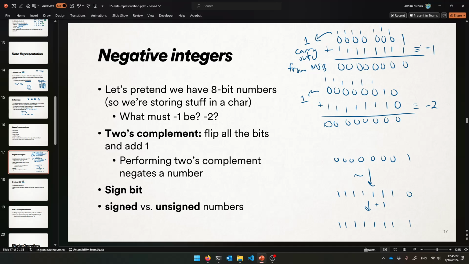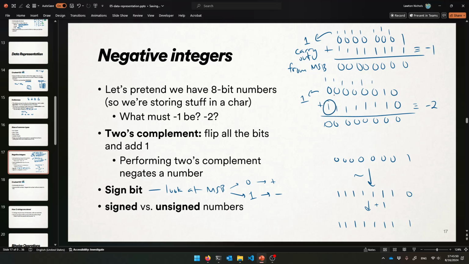We've given up half of our numbers, and the way that we know if our signed number is a negative number or not, we could look at the most significant bit. If you see a 0, that means your number is meant to be a positive number and interpreted as such. If you see a 1, it's meant to be interpreted as a negative number.